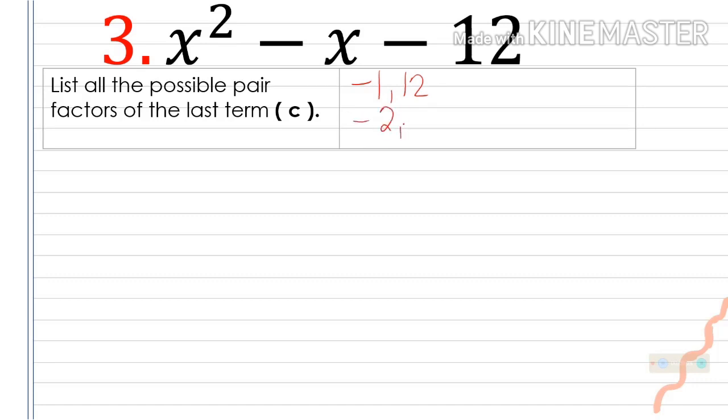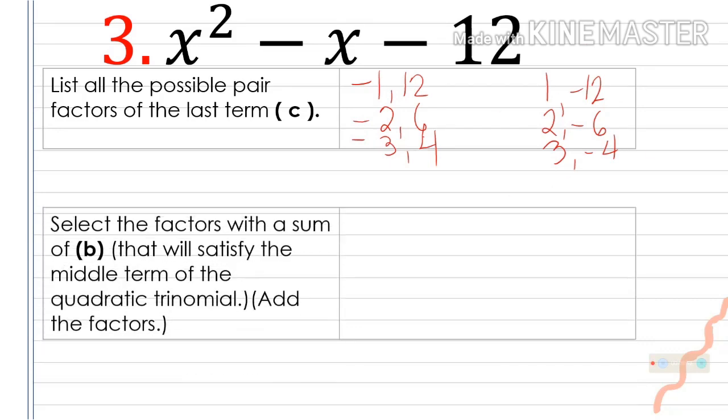Followed by negative 2 and positive 6, and then negative 3 and positive 4. All of them have the product of negative 12. And also positive 1 and negative 12, which is also equal to negative 12. Also 2 and negative 6, and 3 times negative 4. So these numbers all have the product of negative 12.